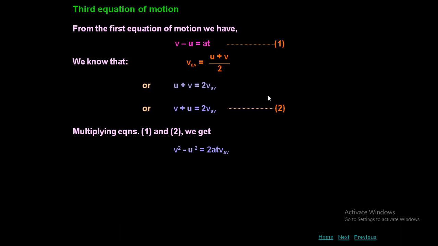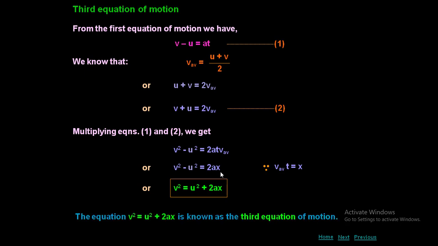V square minus u square equal to 2 into a into t into v average, or v square minus u square is equal to 2 into a into x, because average velocity into time is nothing but displacement, that is x. So 2ax. Like this we can derive the third equation of motion. So v square equal to u square plus 2ax. This is known as the third equation of motion.